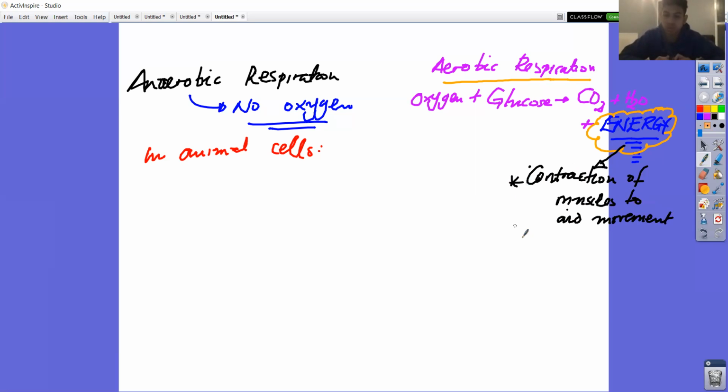Okay, what's the other need for energy? Why do you need energy as well? So for movement, there's something else.